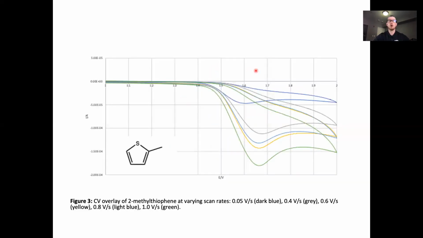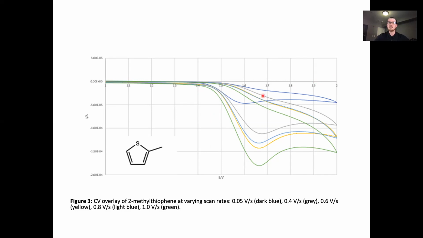Now, moving on to a molecule that we tested as well that is more of interest, not quite of interest because we want to test phenylthiophene compounds, but this is just a normal thiophene compound. This is 2-methylthiophene. We tested this at different scan rates because we hypothesized that by changing the scan rate of the cyclic voltammetry, we would hopefully be able to see that equilibria occur in the reaction that I discussed earlier, showing the reductive behaviors so that we can extract the kinetic parameters from the simulation.